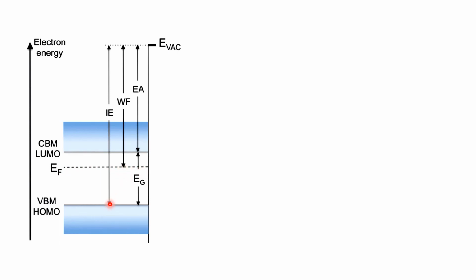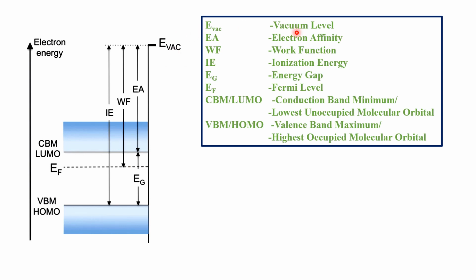Then we have ionization energy, work function, and electron affinity, and this particular region is the vacuum energy. So EVAC is the vacuum level, EA is the electron affinity, WF is the work function, IE is the ionization energy, EG is the band gap, and here we have the expansion of what is mentioned.